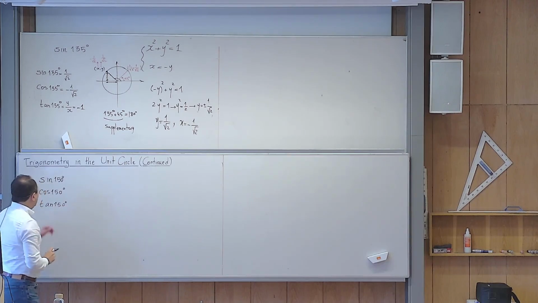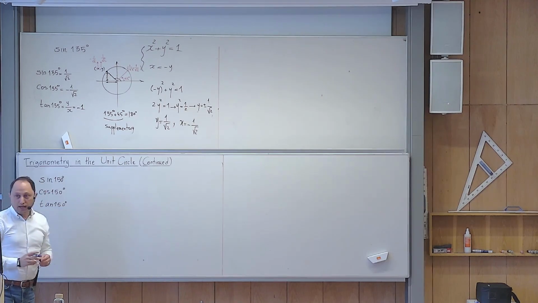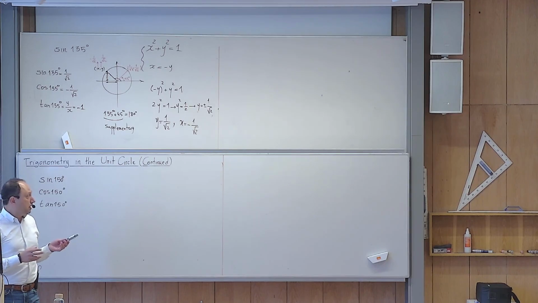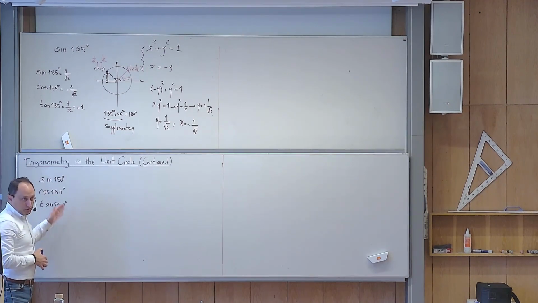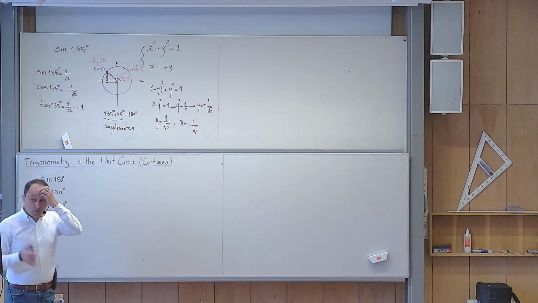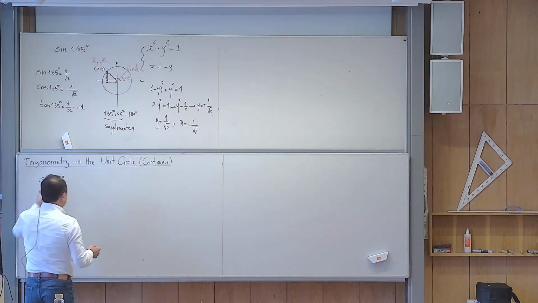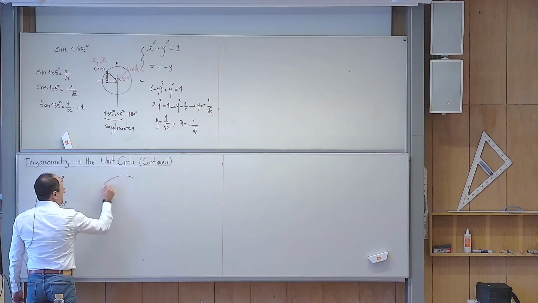So do you remember we calculated for 30 degrees, 45 degrees, and 60 degrees. I showed why these are correct, as we see in the table. But we didn't discuss 150 degrees. We want to discuss it now. So why those numbers in the table are correct. Okay, so the first thing that you do as usual, you need to imagine the unit circle.